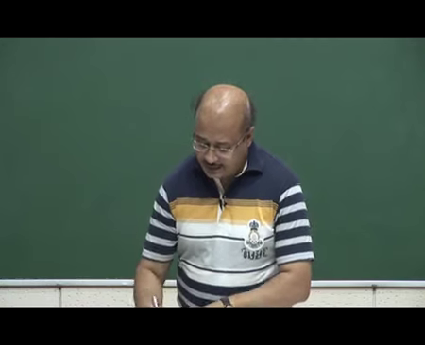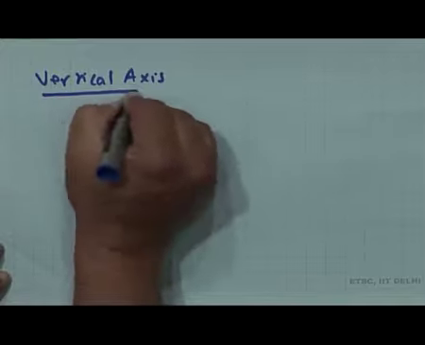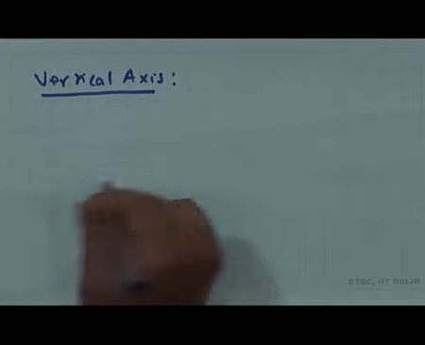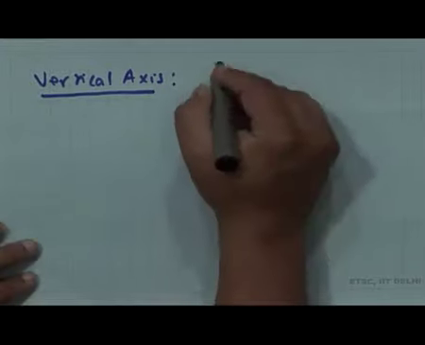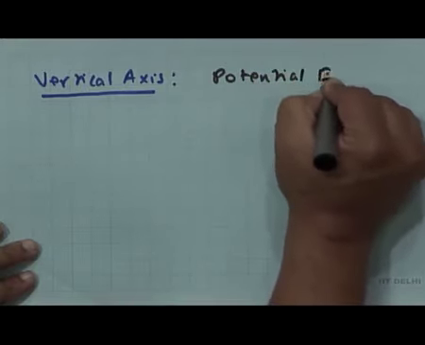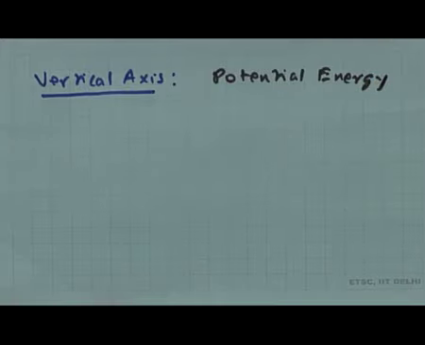So, the vertical axis is your potential energy axis. So, what does it represent? It represents the potential energy. So, what do I mean by that?